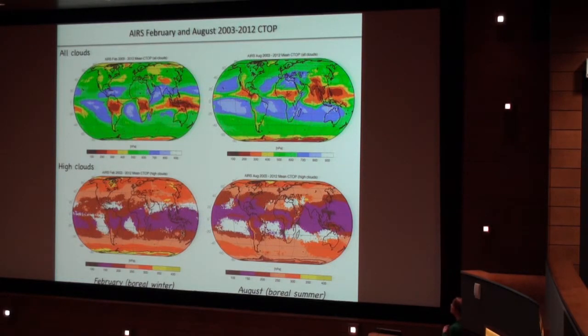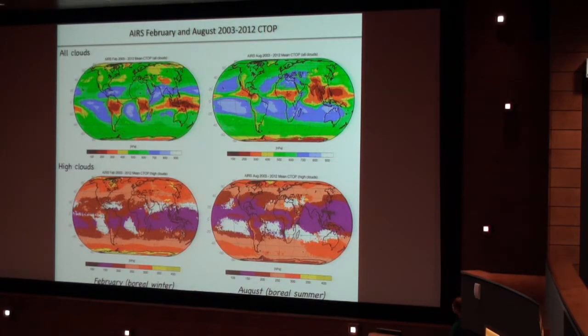It moves north in boreal summer. It also expands over Southeast Asia. The white spots on the lower image now refer to regions where we don't have a lot of high clouds. So these are the subtropical deserts, these are the subtropical high oceans where marine stratus are prevalent.